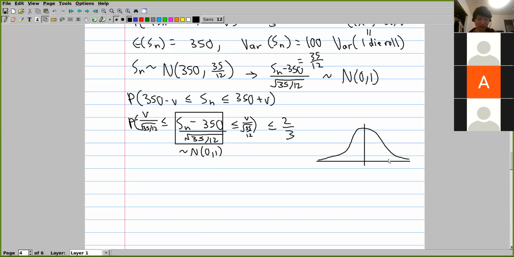So if we want 2/3 of the probability here, then this contains 2/3 and each of these is going to contain 1/6.